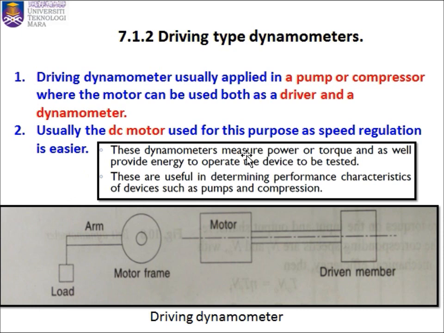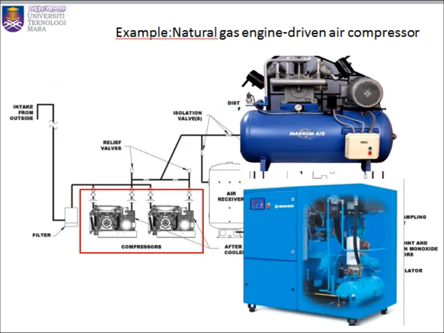This dynamometer measures power or torque, as well as providing energy to operate the device to be tested. These are useful in determining performance characteristics of devices such as pumps and compressors. For example, a natural gas engine driven air compressor.